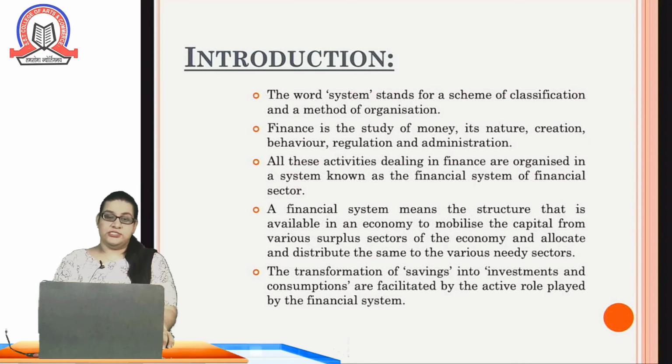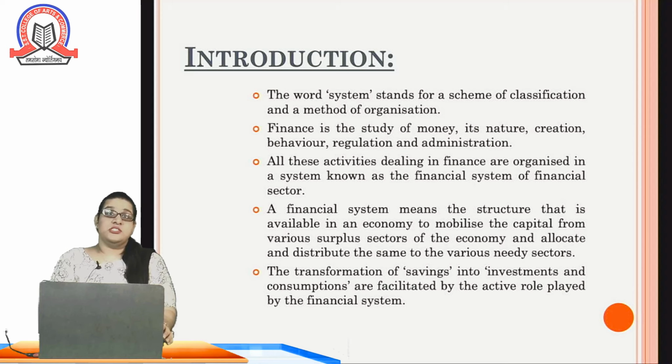So financial system, every country has its own financial system. It consists of two words, financial and system. The word system stands for a scheme of classification and a method of organization. Finance means the study of money, its nature, creation, behavior, regulation and administration.